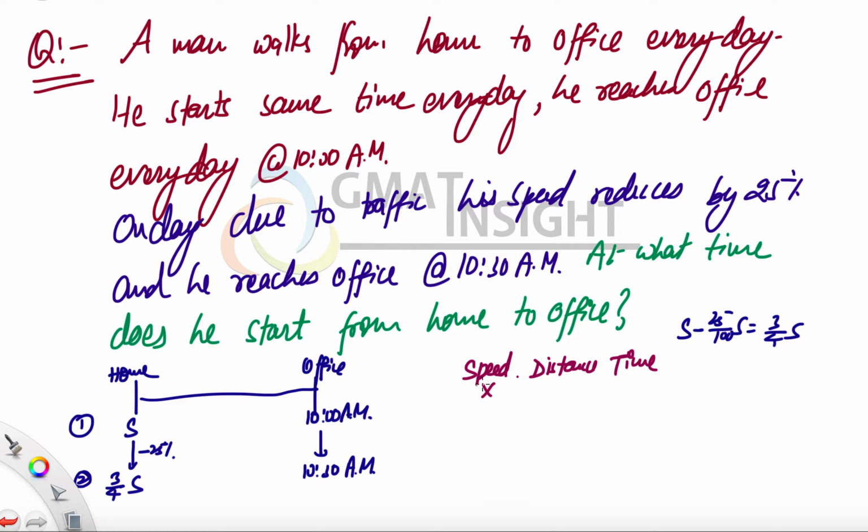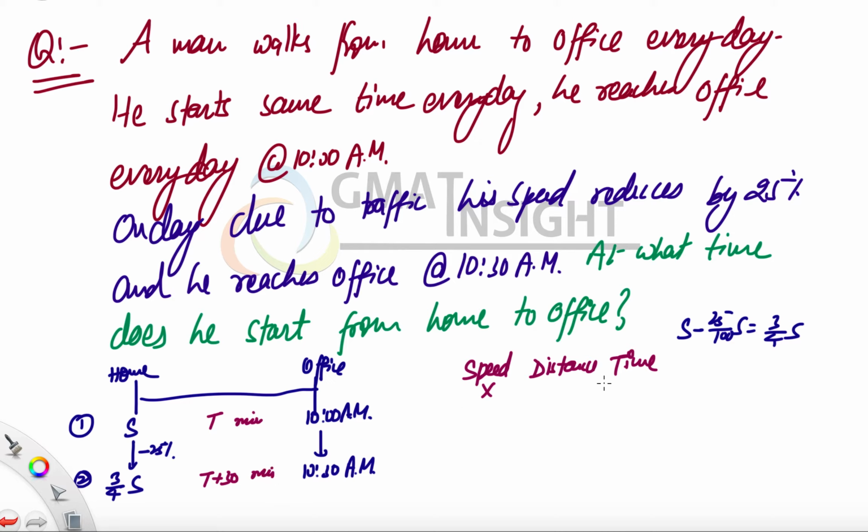Either there is a relation between the distances or there is a relation between the timings. For example, the relation between the timings is that initially the time taken was, let's say, t minutes. Then now the time taken by that person will be t plus 30 minutes, right? Because at a reduced speed, 30 minutes extra is being taken.